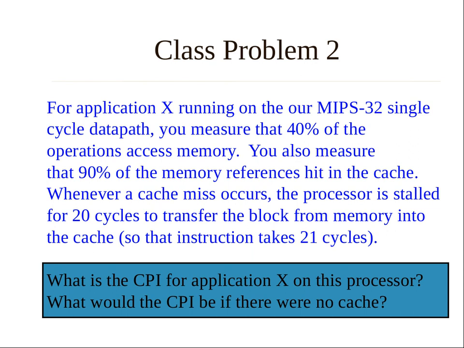But we still have 0.4 times 0.1, the last 10% of the references, which takes 21 cycles. Is it 21 or 20? Yeah, 21. It stalls for 20, and then takes another cycle. All right, who's the calculator? Do it quick.